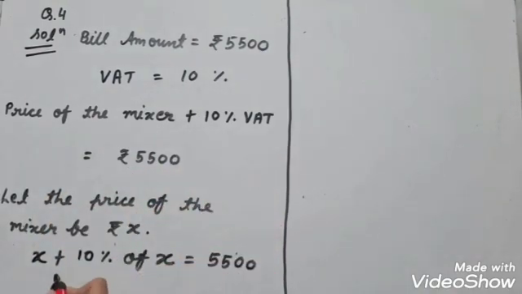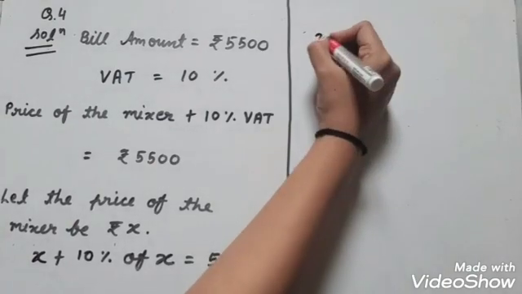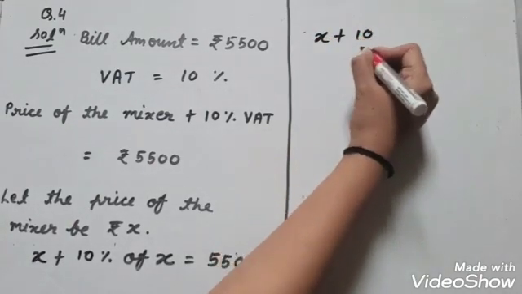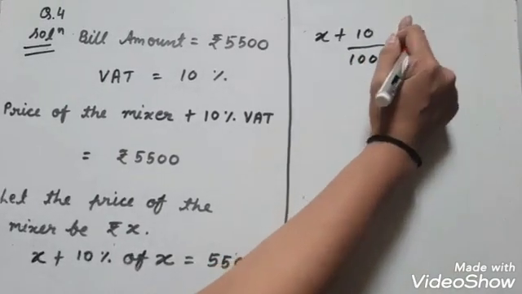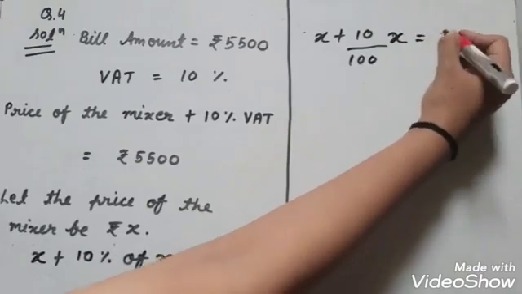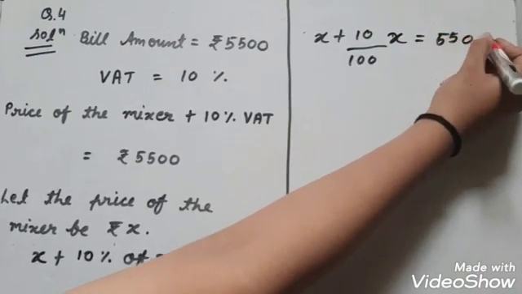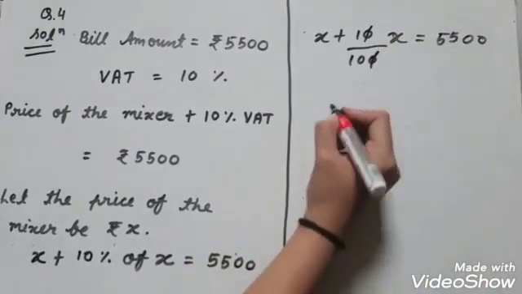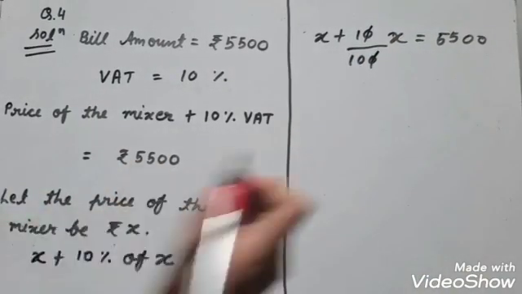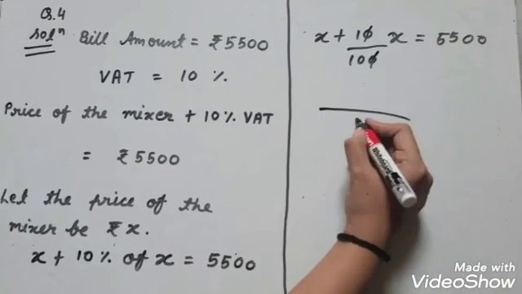So X plus 10% of original price means X is equal to bill amount, that is 5,500. So X plus 10, when we remove percent we write 100 in denominator of X, is equal to 5,500. Now you can cancel these zeros and you can calculate. So common denominator is 10.